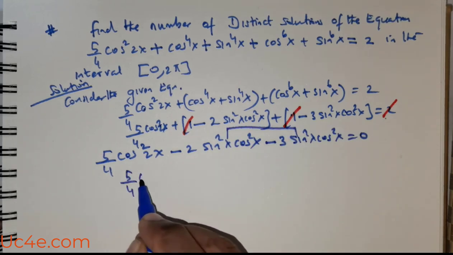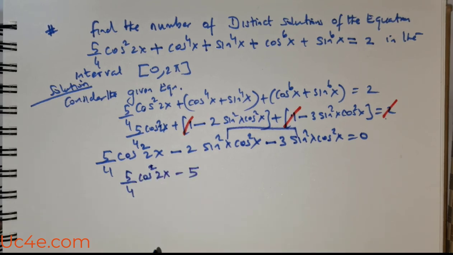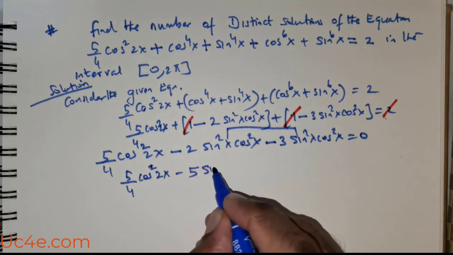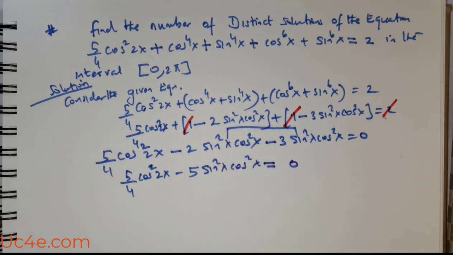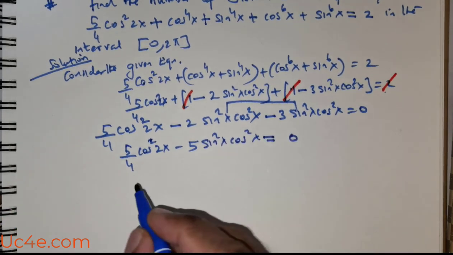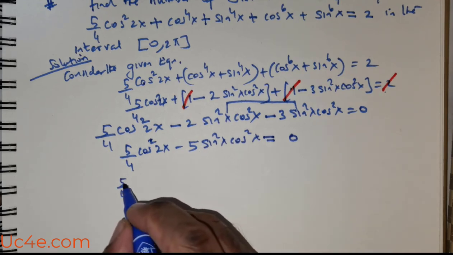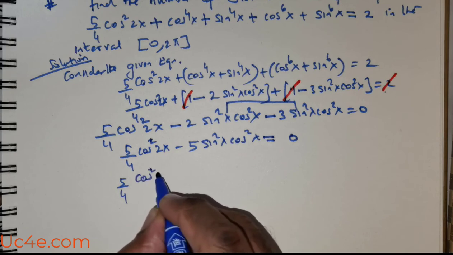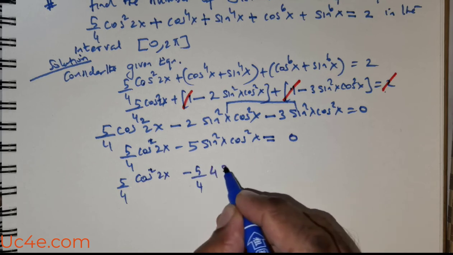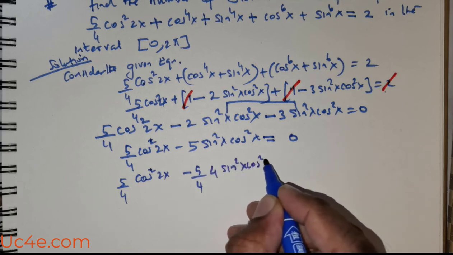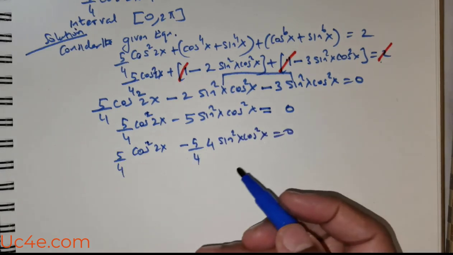That would give me 5/4 cos²2x − 5 sin²x cos²x is equal to 0. So that is nice. Next, I would like to multiply by 4 and divide by 4. So this is going to be 5/4 cos²2x − 5/4 times 4 sin²x cos²x is equal to 0. I would like to have a 5/4, that's why I am manipulating in this fashion.